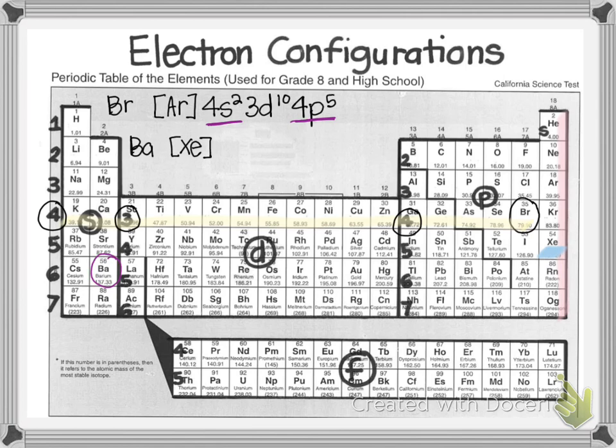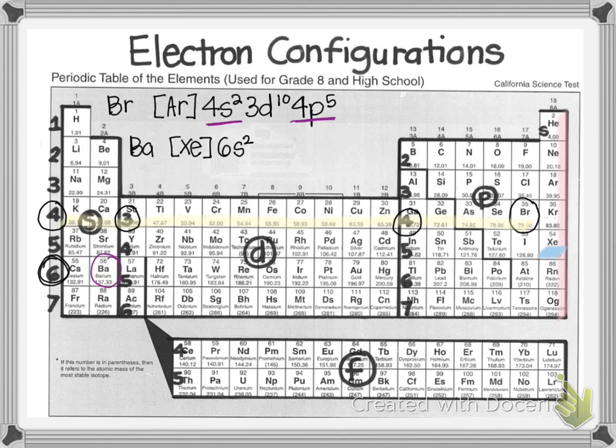Now remember, it has to be a noble gas, and it has to be the one in the period before your element. And then I would say 6s2. Now you could just, with your imagination, if I had to start at 1s2 to get down to barium, it would be a lot.